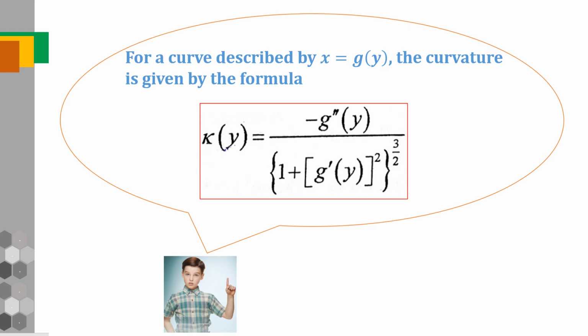So actually, halos magkapareha lang yung formula ng curvature. Ang kaibahan nga lang is dito kung x is a function of y, so that is yung independent variable is a function of dependent variable. So ito yung kaibahan nila, no? So may negative yung formula. Yung kanina is walang negative. Okay?